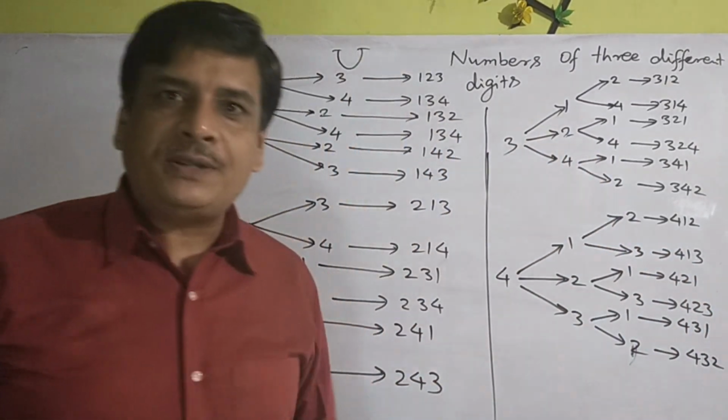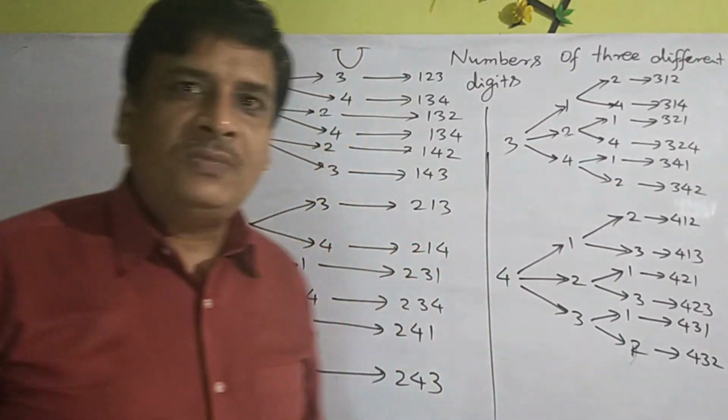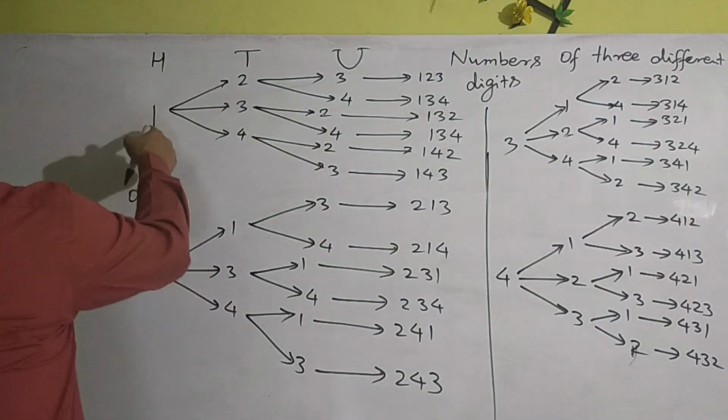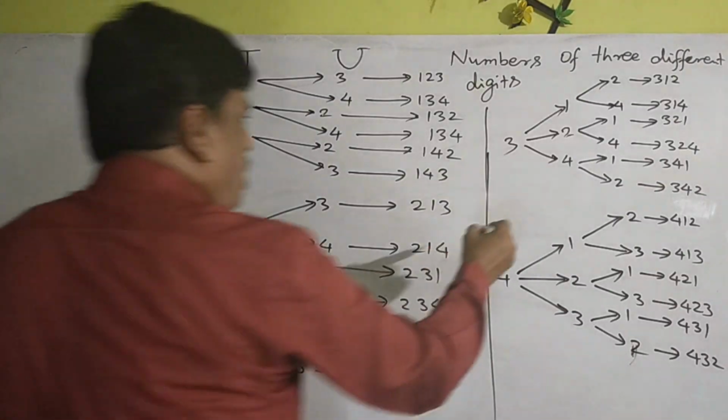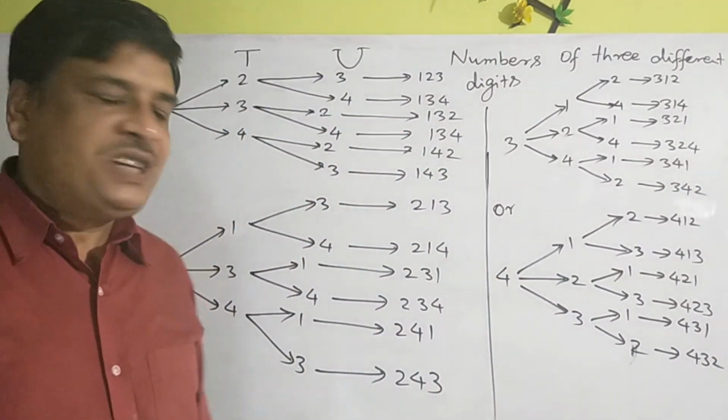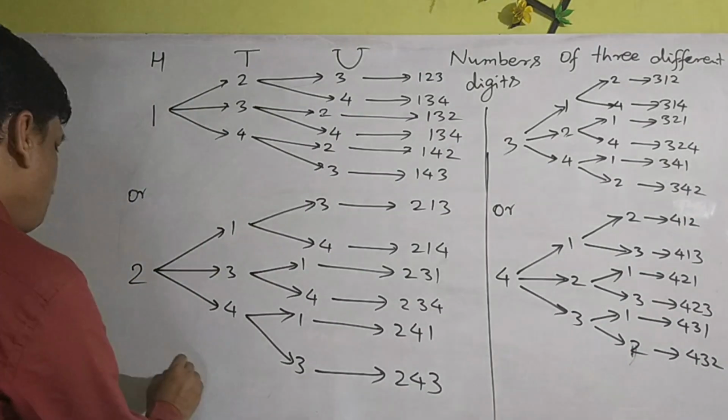With the help of this arrow diagram, we observe for 100 place we can take 1 or 2 or 3 or 4. So 100 place can be filled up in 4 ways.